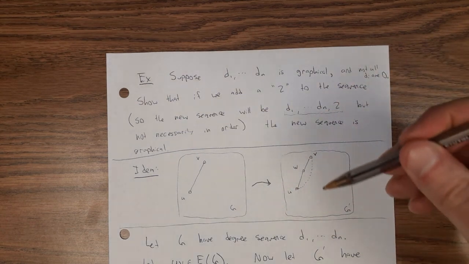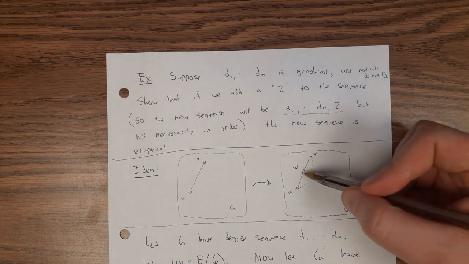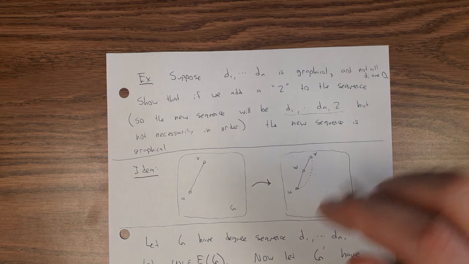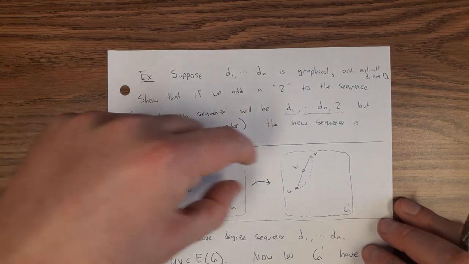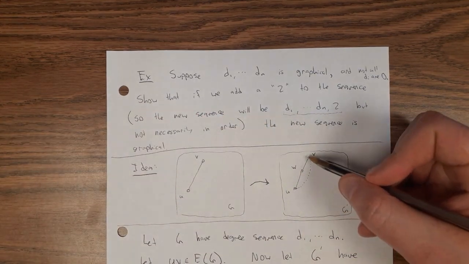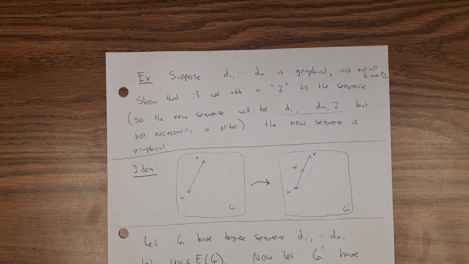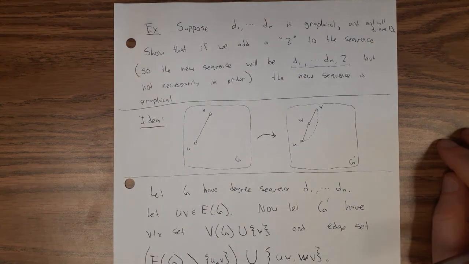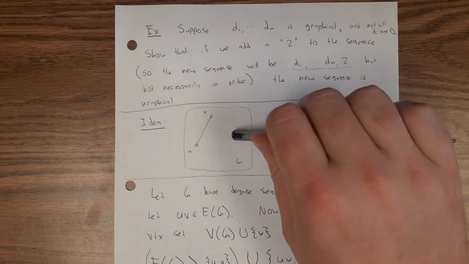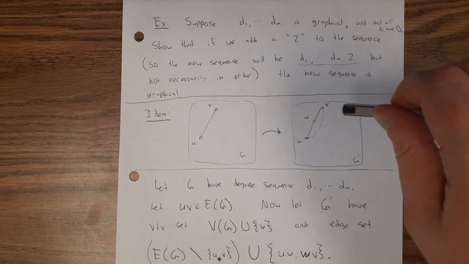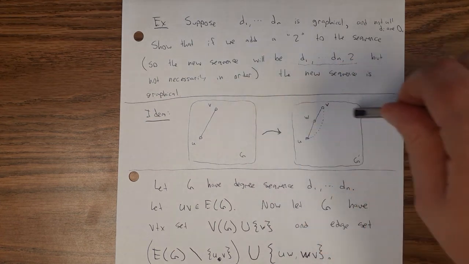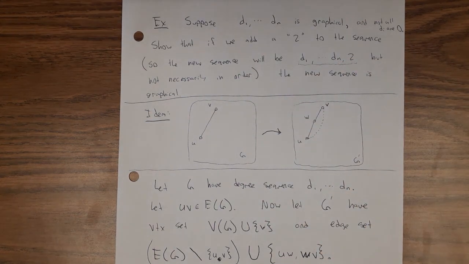We did this trick where we add a new vertex, where we take an edge and replace it with a path of length 2 from U to V. So this is a type of idea that you should have, showing that a sequence is graphical: if you can start with a graph that has a degree sequence you know is graphical, and then make a change to that graph to make the new degree sequence what you want.